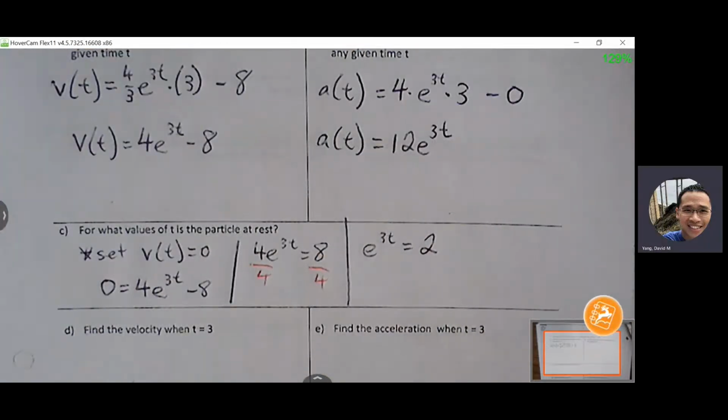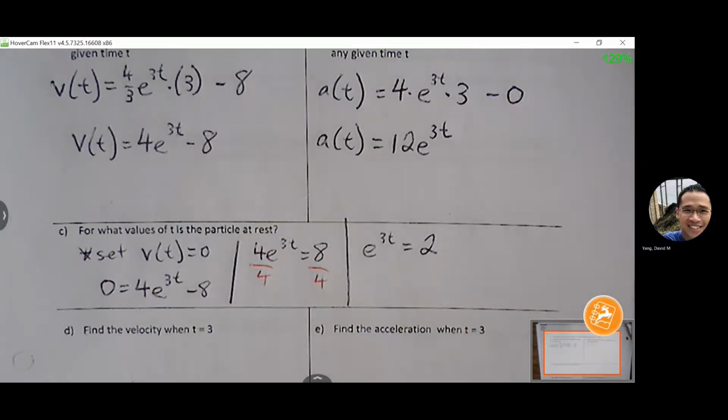Okay, e to the 3t equals 2. How do we get that? How do we get to that 3t so that I can solve for t?